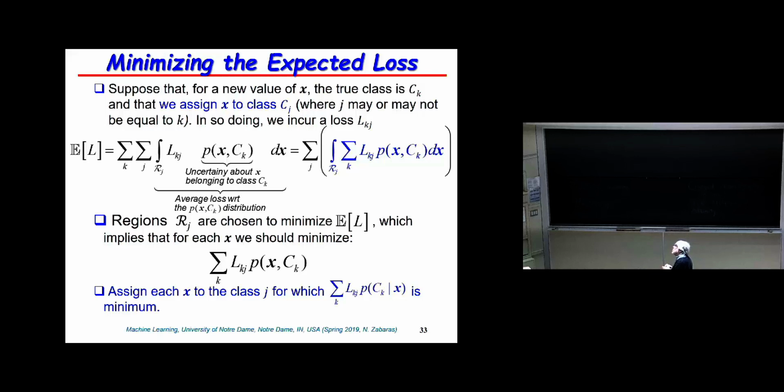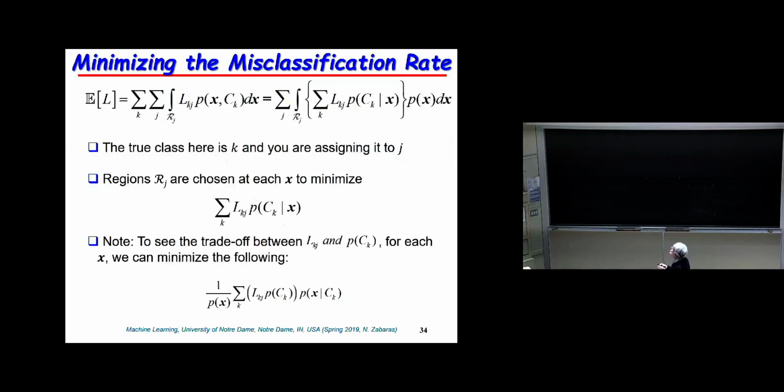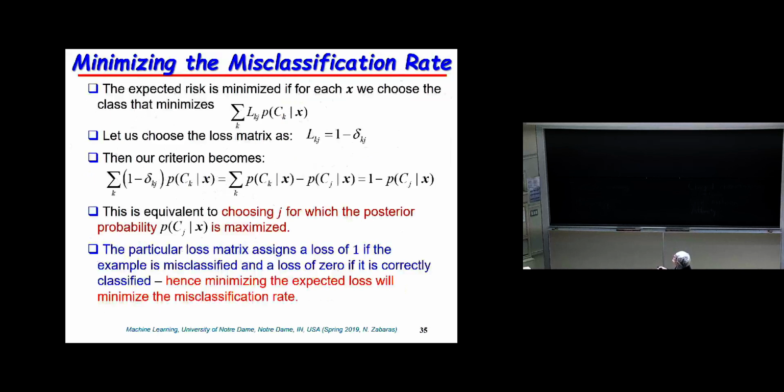You need to select these regions so that this loss is minimized. We did one example to check that this is correct. If you take this to be 1 minus delta kj, it comes out that the results are identical to what we discussed before: region j is the one that gives you the maximum posterior probability of Cj given x.